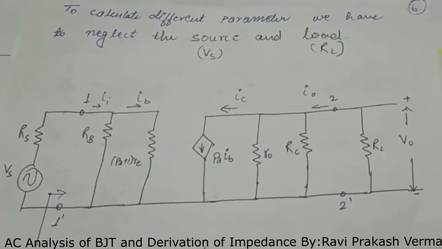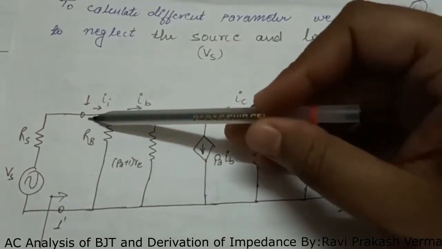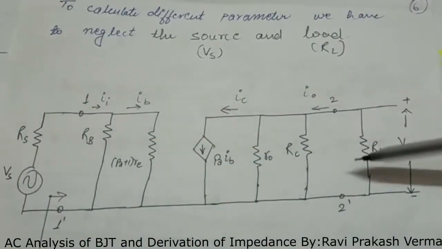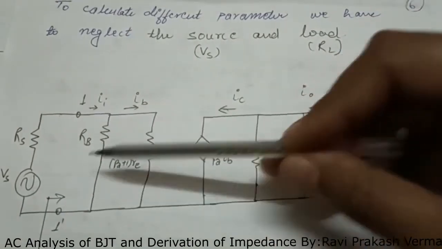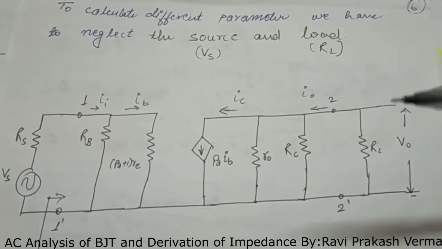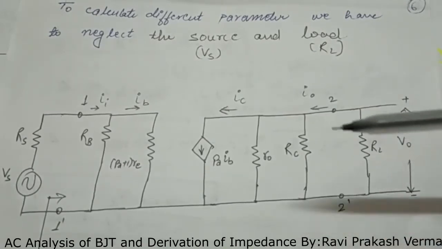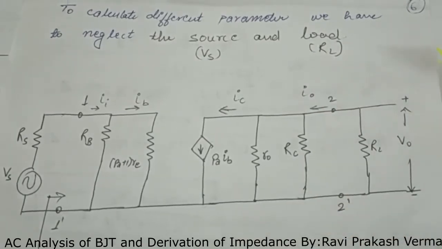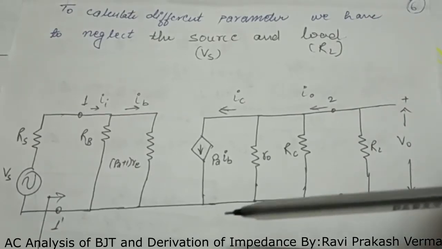First we will assign ports 1-1' and 2-2'. 1-1' are the input ports and 2-2' are the output ports. For finding the input impedance, we know that impedance is input voltage upon input current.